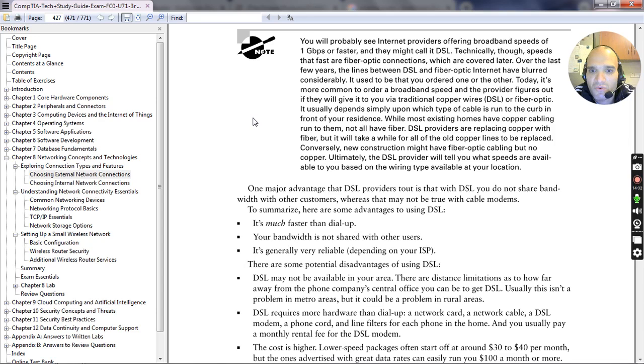It used to be that you ordered one or the other. Today it is more common to order a broadband speed and the provider figures out if they will give it to you via traditional copper wires, DSL, or fiber optic. It usually depends simply upon which type of cable is run to the curb in front of your residence.